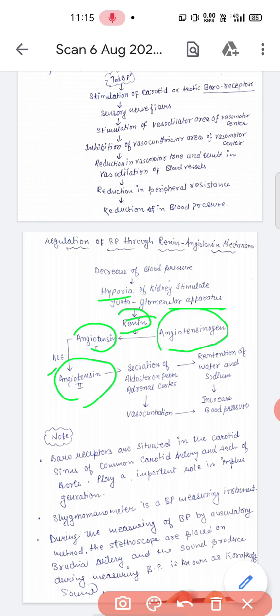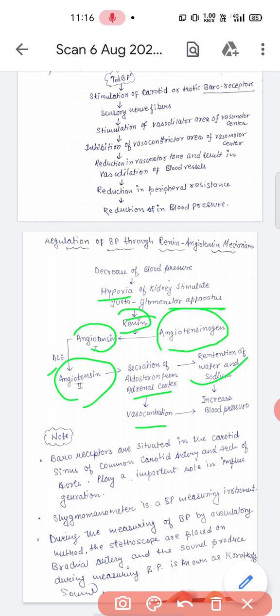Angiotensin II then stimulates the secretion of aldosterone from the adrenal cortex. Aldosterone may cause vasoconstriction, and in another way it may cause retention of water and sodium in the kidney.